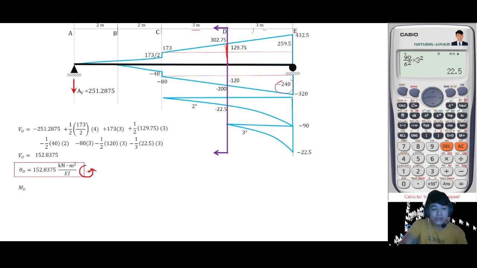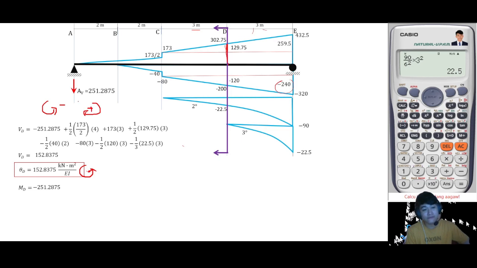How about the moment at point D? The moment at point D is also equal to the deflection at point D. So take the moment about point D: negative 251.2875. Counterclockwise is negative, considering cutting the section from left to right.